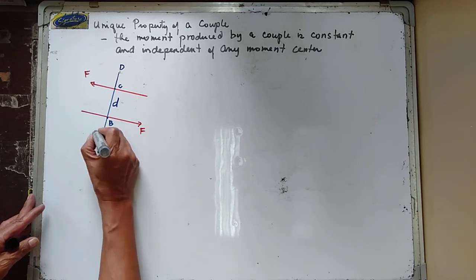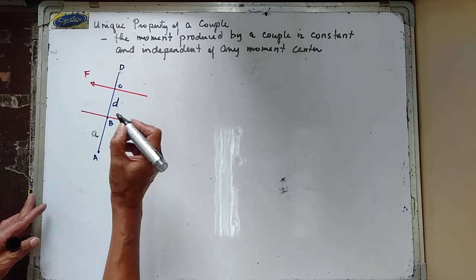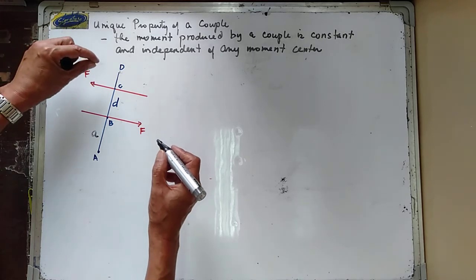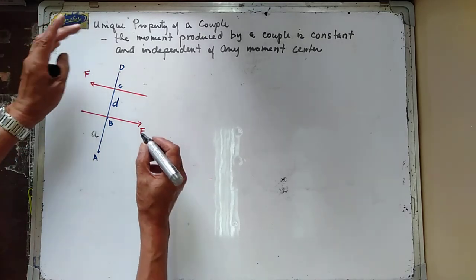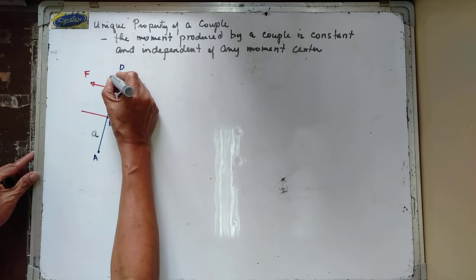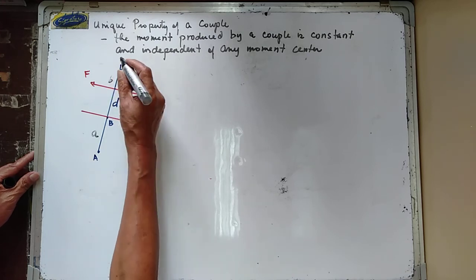Let us consider that the distance between points A and B is small a, and the distance between points C and D is small b.